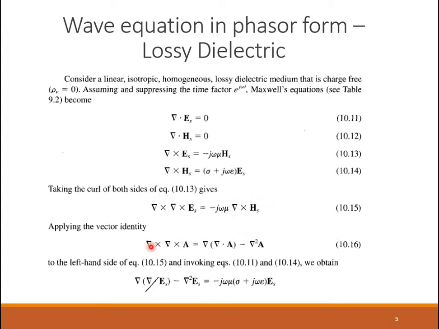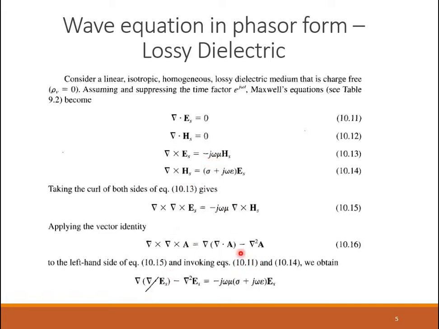Now what happens is, we also have a vector identity here. 10.16 is a vector identity. If you see, this derivation is very similar to the wave equation derivation that we dealt with in lecture 2. The only thing is now we are doing the representations in phasor form by replacing dou by dou t with j omega. That's all.